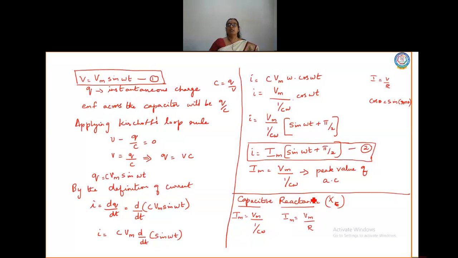That is why you call this reactance. There will be a change in this value. And this capacitive reactance is measured in ohm, the same unit as resistance.